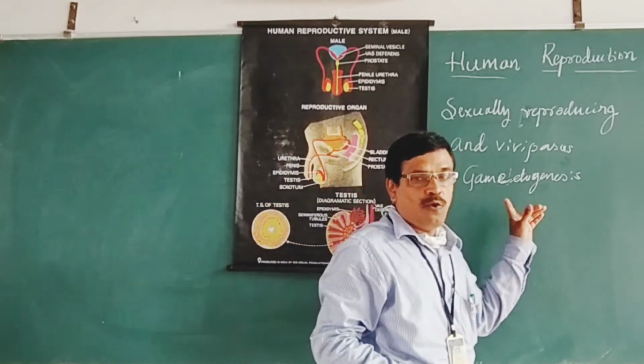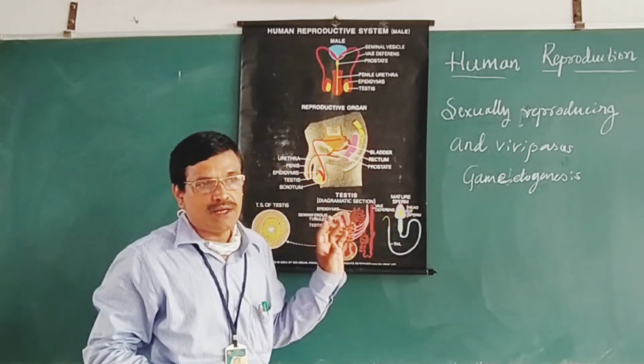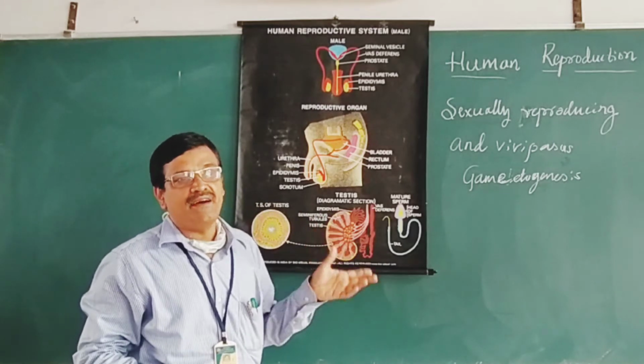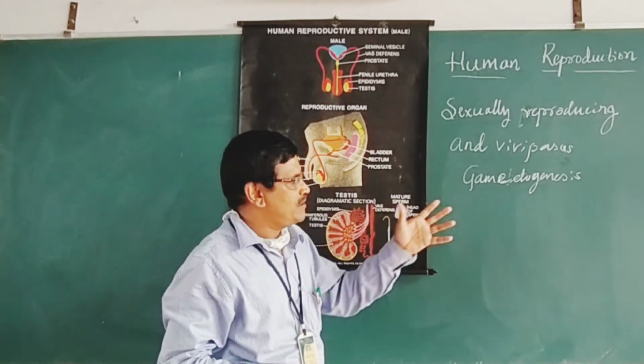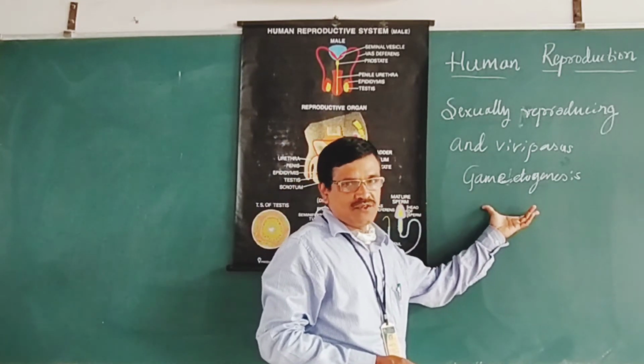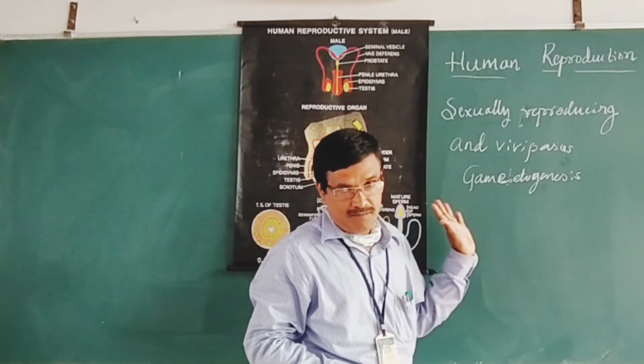Sperms and ovum are the gametes produced by the human male and female respectively. That means the males produce the male gamete, sperms, and the female produces the female gamete, the ovum.